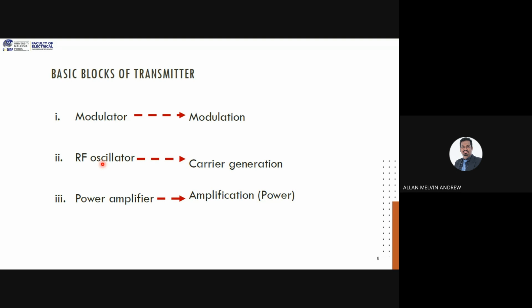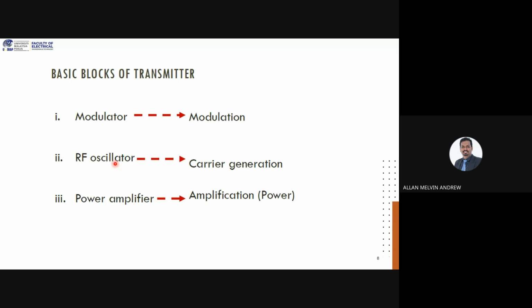Previously we have seen in AM and FM how the carrier frequency is a standard frequency and you attach the message to it. But maybe you have the question of how the carrier frequency is generated. The carrier frequency is generated by a radio frequency oscillator. That's why the signal is like an oscillating wave, like a sine wave.